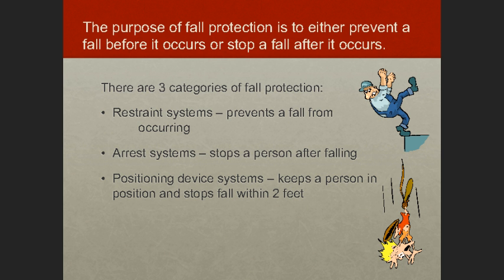Then we have fall arrest systems, which are designed to stop a person after they fall, and what these systems do is they kind of absorb the shock of the fall. And so that's kind of one of their purposes as well. Then what we have finally, the 3rd category, is positioning device systems, which is designed to keep a person in a certain position, and it'll stop a fall within 2 feet.